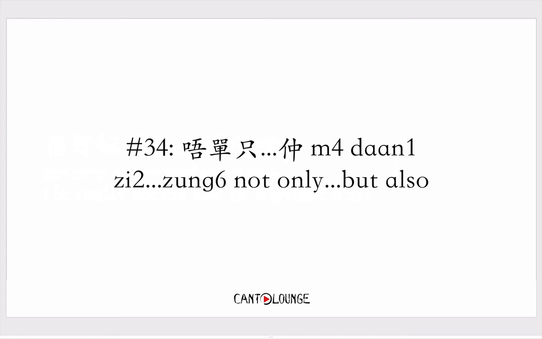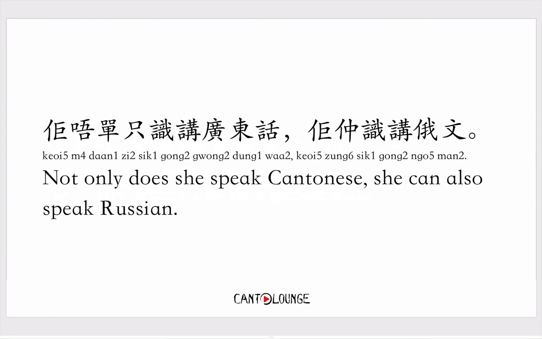Next, 唔單止 something 重, not only something but also. So again, you might be talking about a friend or maybe an acquaintance, a colleague that you don't know that well. Might say 佢唔單止識講廣東話佢仲識講俄文.